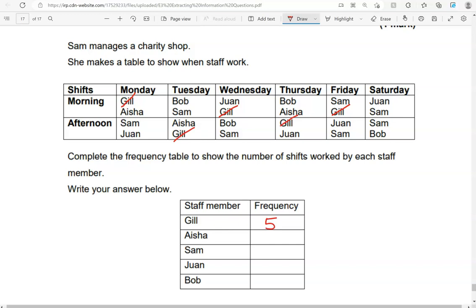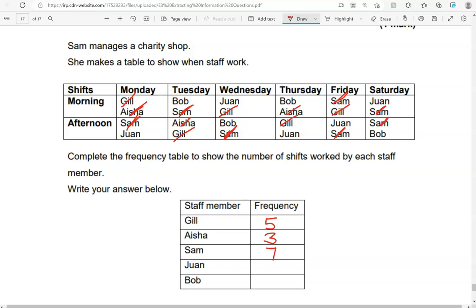5 for Jill. Aisha, we've got 1, 2, 3. Sam, we've got 1, 2, 3, 4, 5, 6, 7.